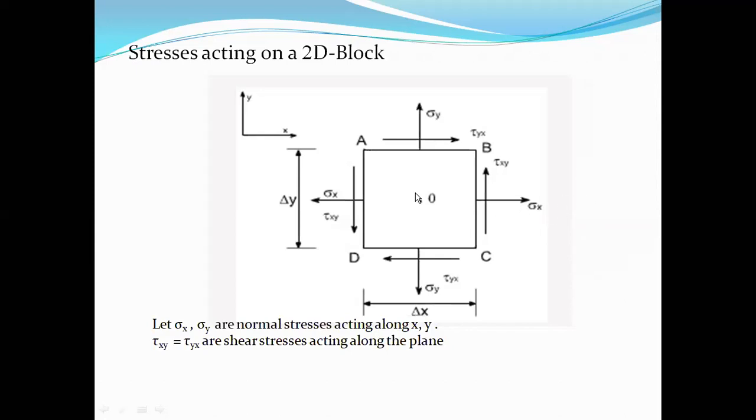If they are directed towards the block, like this, they are known as compressive. So generally the convention is that compressive normal stresses are taken as negative, and tensile normal stresses are taken as positive.